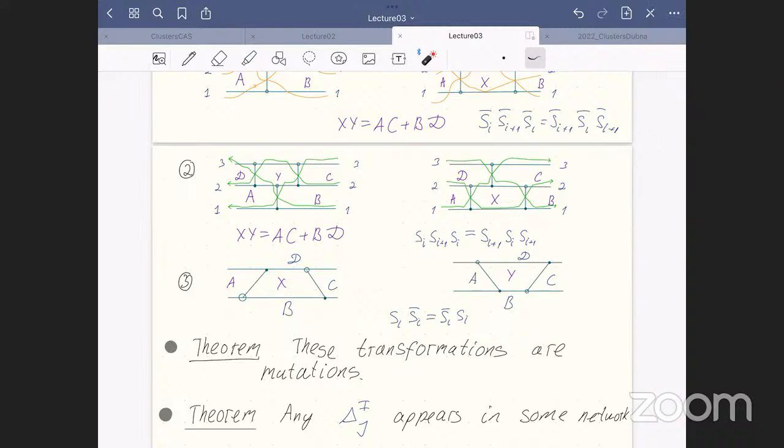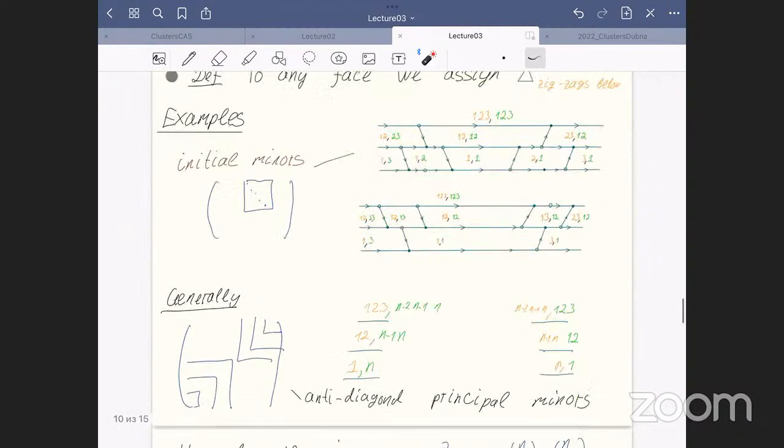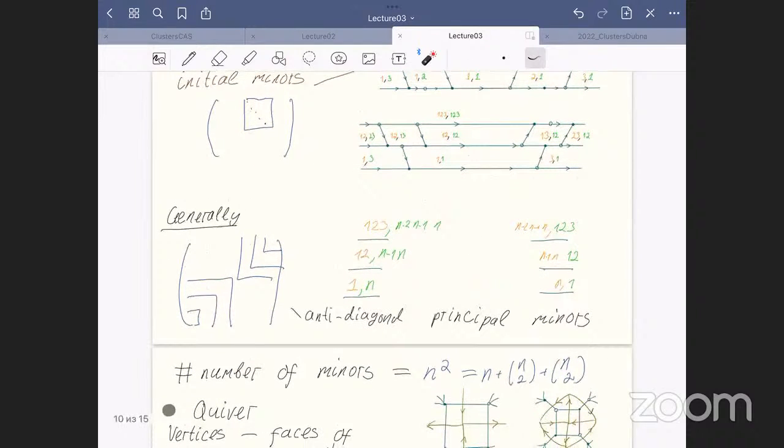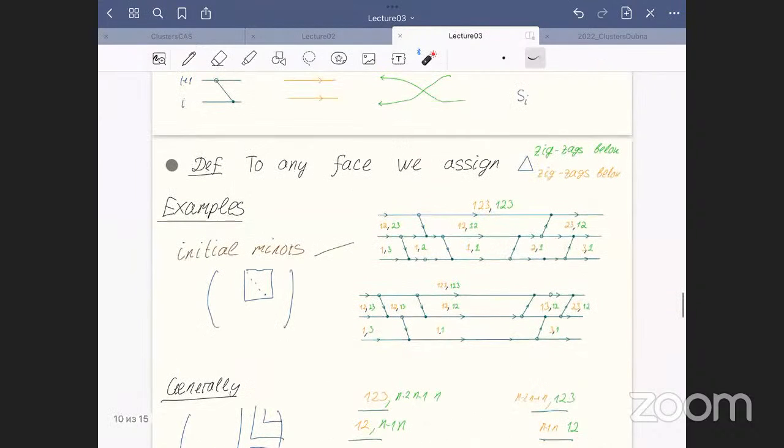Okay, thank you. May I ask one more question? Yes. When we correspond minors to faces, we say that the minor is marked by zigzags which go below the face, right?